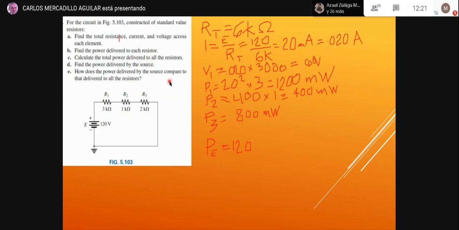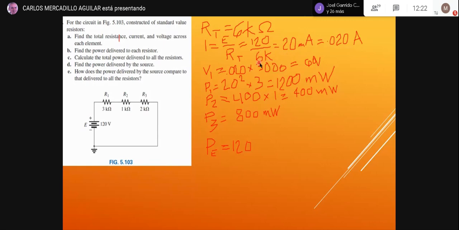Remember what we did? We have to divide the voltage source by the total resistance, 120 volts, which I omitted the letter V here, divided by 6K. I didn't put K ohms, but sometimes it is abbreviated like 6K, and the result is 20.